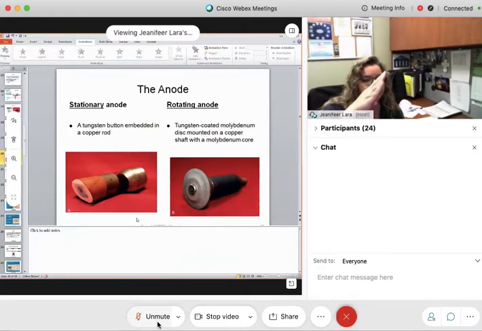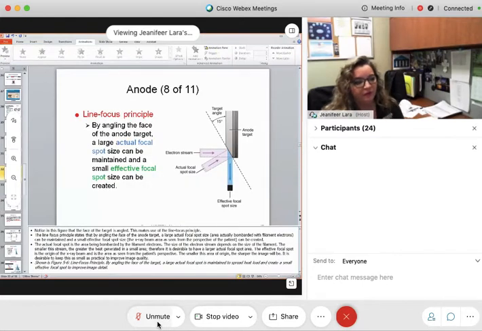Does everyone see that? Yes, perfect. Here on the anode, it is also slanted down. There is a purpose for that tilt or slant of the focal track. We call that the line focus principle.